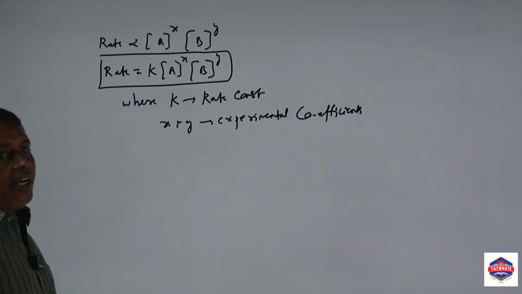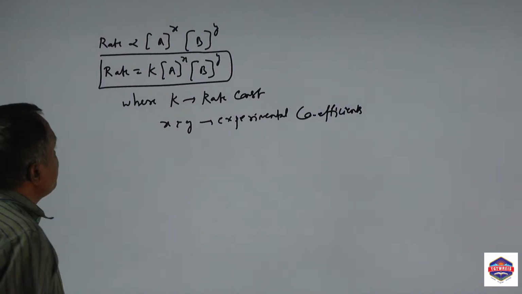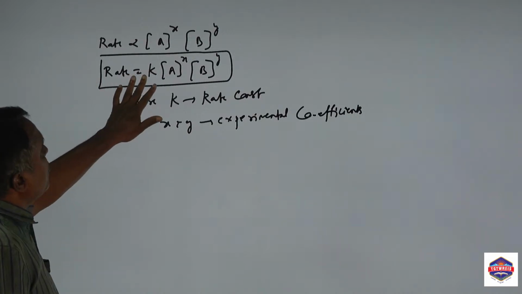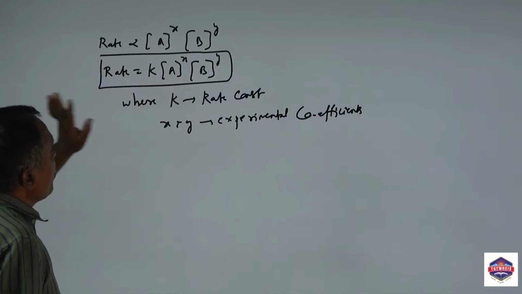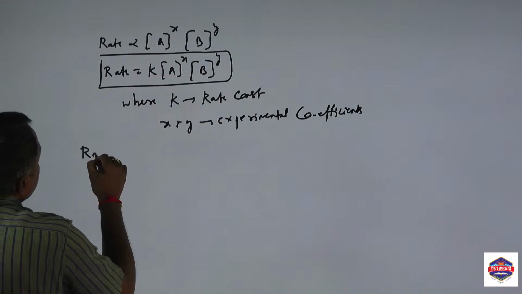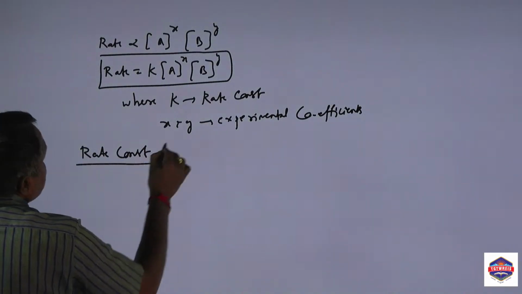For a chemical reaction aA plus bB gives cC plus dD, the rate is equal to k into [A]^x into [B]^y. This is the rate law. And now, what is the rate constant k?